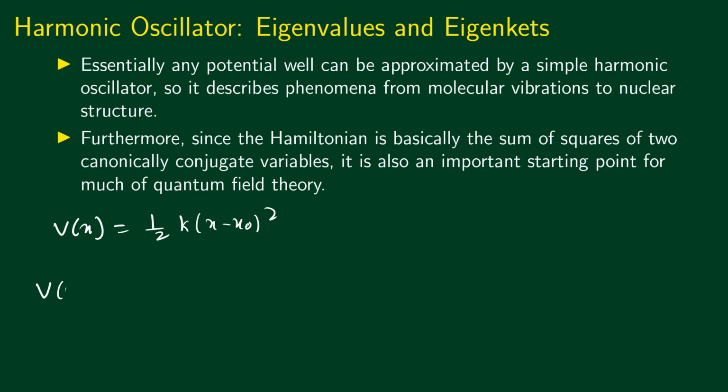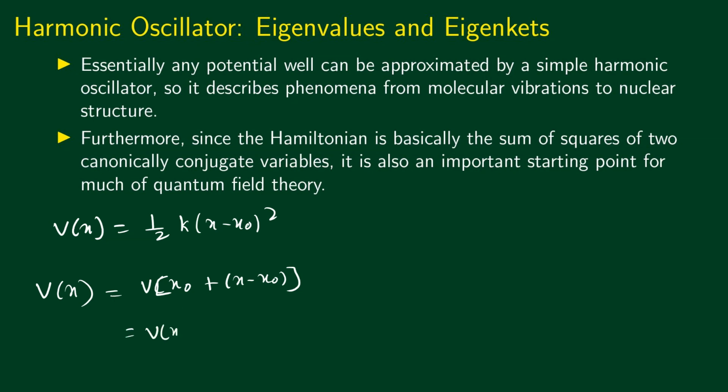Now, if we take any potential V(x), we can expand it about the minimum of the potential, where x0 is the point where the potential is minimum. We can make a Taylor expansion about x0.